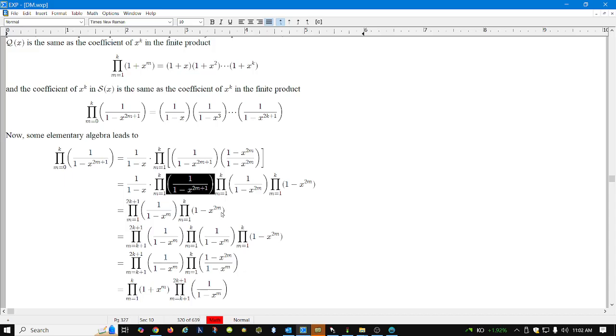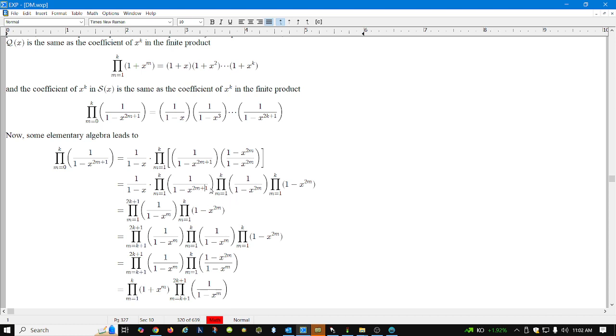Okay, so we have to take a close look here and see what's going on. This starts at m equals 1. And so this is going to be 1 over 1 minus x cubed. And this is going to jump up with each factor by 2. So this will be x to the 5th, x to the 7th, and so on, starting at x cubed.